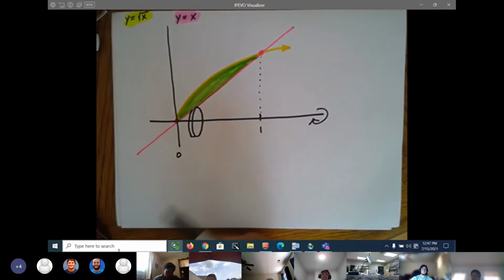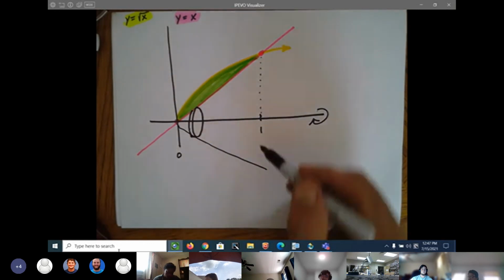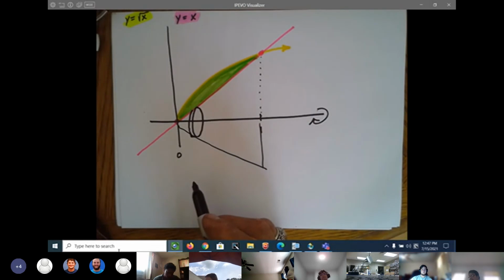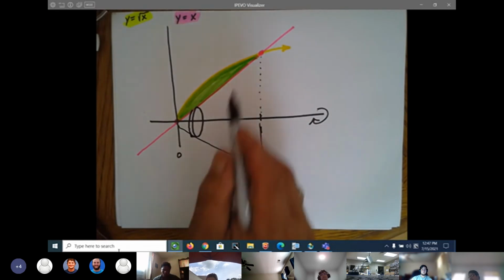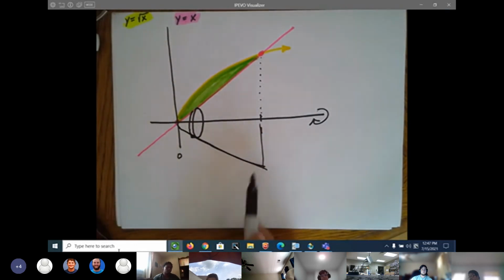You've got something over here that looks like that. So instead of the picture we had, you've got more of a watermelon type look to it.